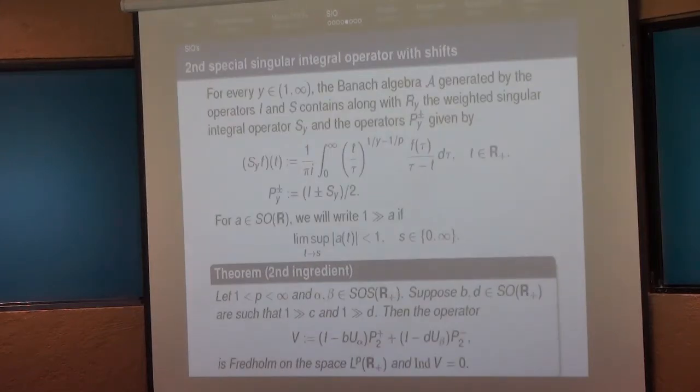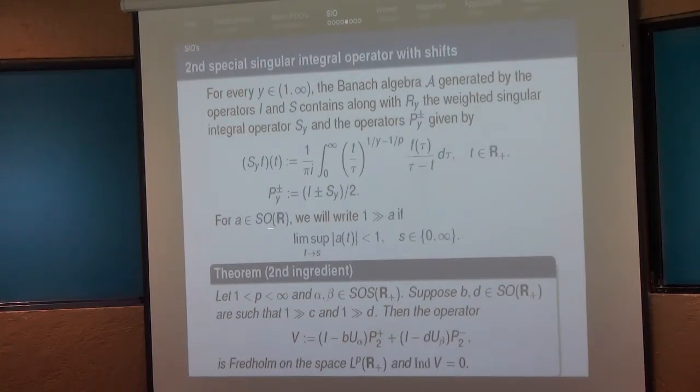Next, for every y in the interval 1 to infinity, the Banach algebra A generated by such operators contains, along with such operators with fixed singularities, also the weighted Cauchy singular operator. So such a multiplier appears. And we consider the corresponding operator P plus minus with this replaced by this one.